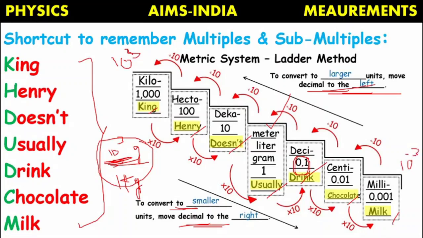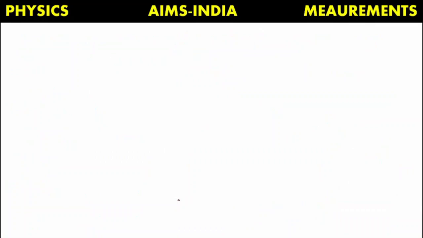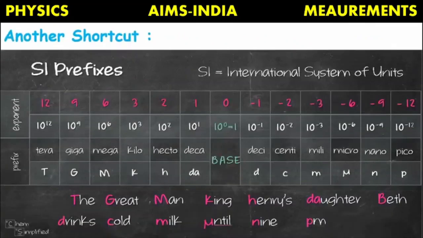One more shortcut is there. By this phrase we can remember the multiples and submultiples names from 10 power 12 to 10 power minus 12.